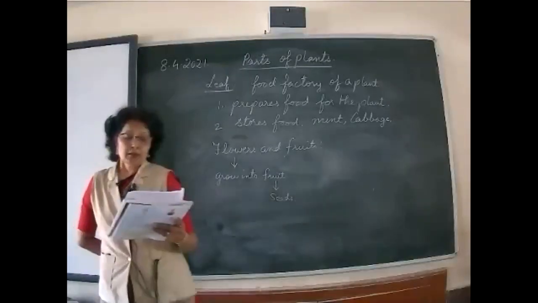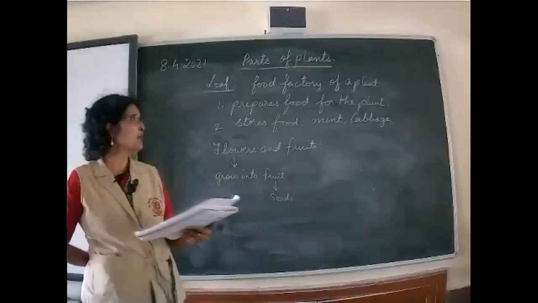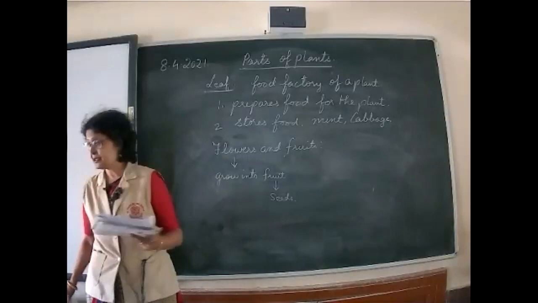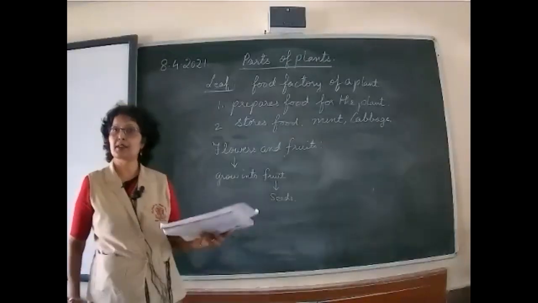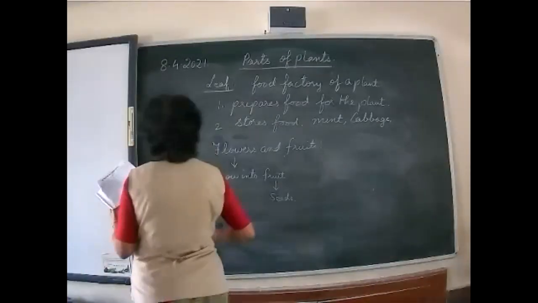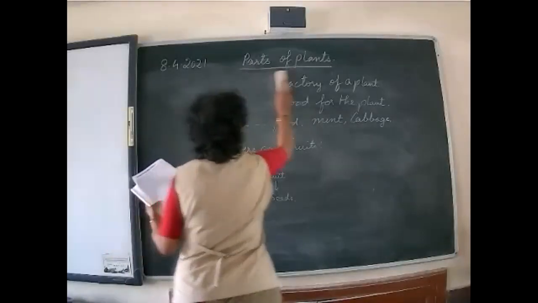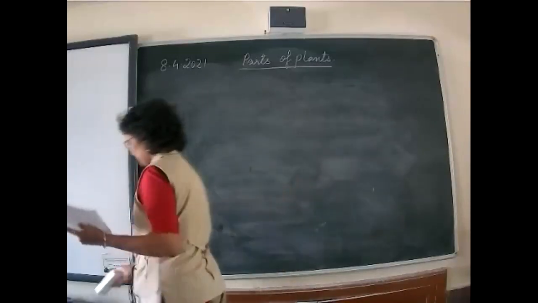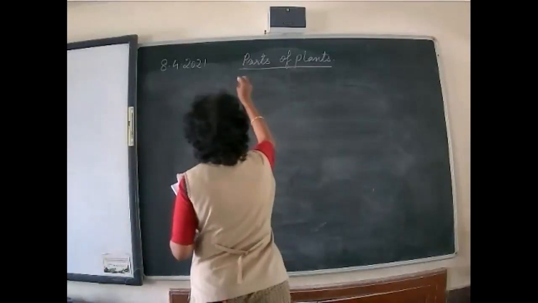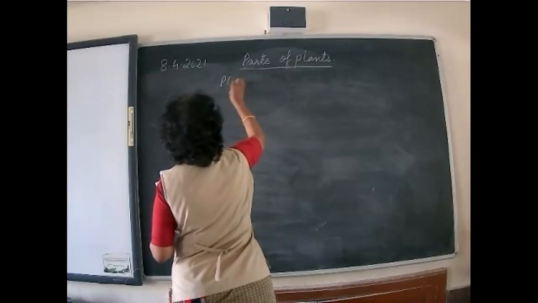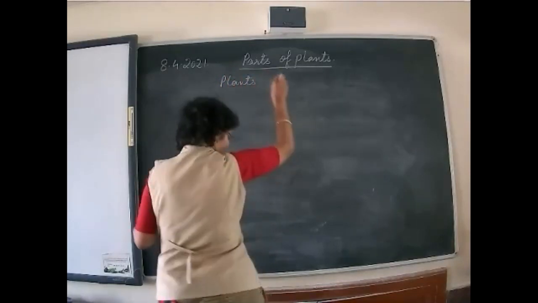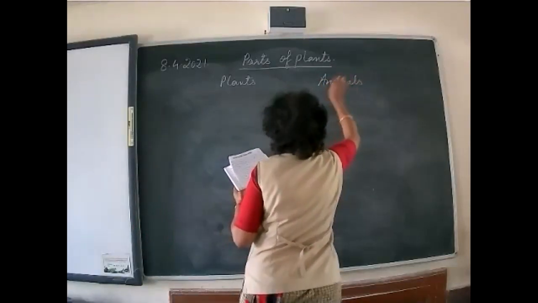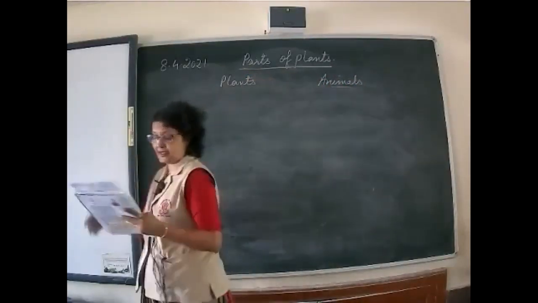Now, when we talk about living things, it is about plants and animals. We come under the category of animals. This we have also done, but we are just revising it.